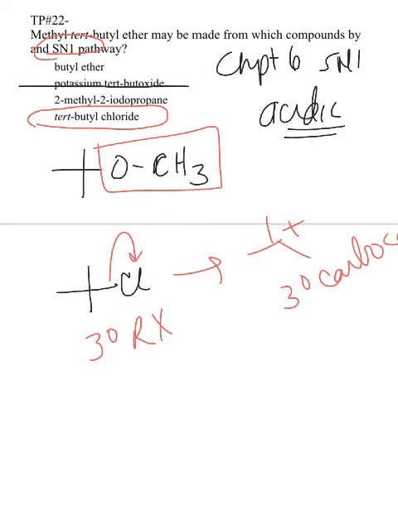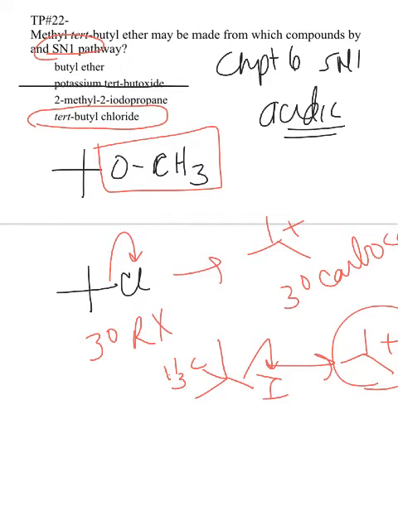Let's see, and what's the other one? 2-methyl-2-iodopropane. So what does that look like? There's propane, there's 2-iodo, and then 2-methyl. Okay, and then the iodine's the leaving group, which would give you the tertiary carbocation. And so this would also work by an SN1 pathway.